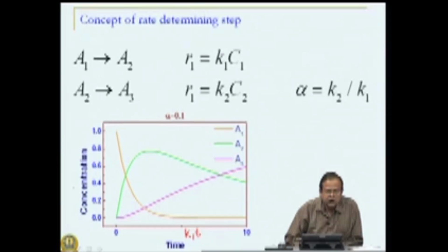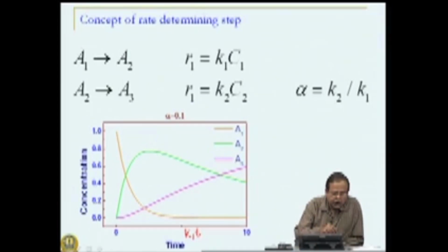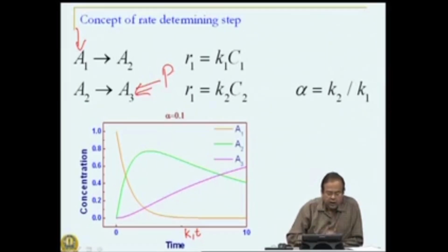I am going to look at this system saying that A1 is my main reactant and A3 is my main product that I am interested in, and A2 is some intermediate which is appearing in this reaction scheme.